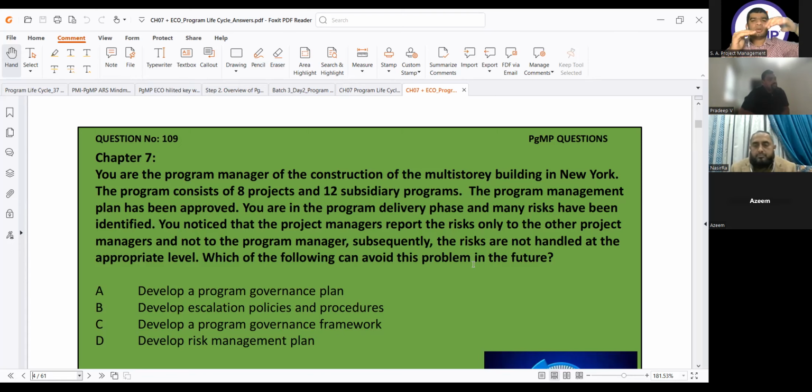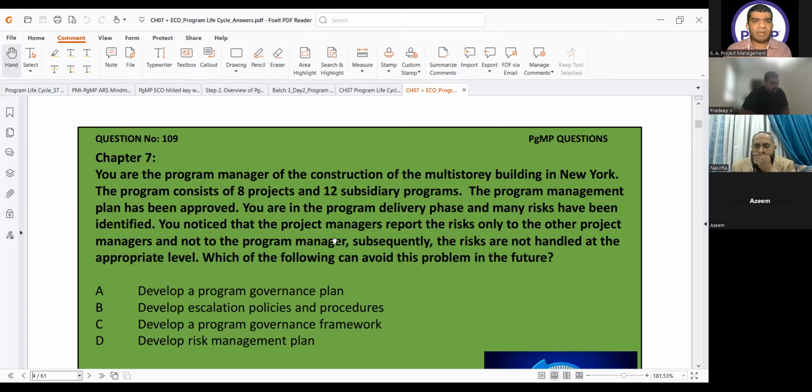But it is not telling you what is in the width, up and down. We will cover this in chapter number 6 also. But at this moment, whenever the scenario tells you that something is going on and you are not able to perform at that level, whether it's the program level or the project level, then you have to escalate it. Like the question we did before, the program manager was not able to handle it, so he will escalate to the program sponsor, right?